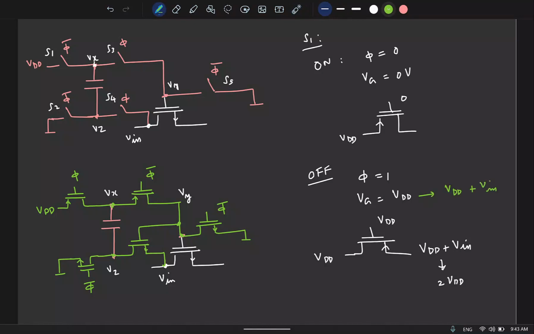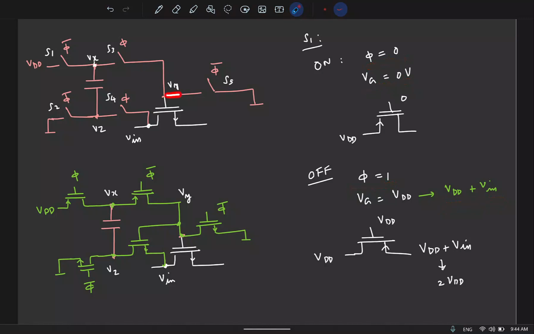So again, let's look at the circuit. When phi is 1, we want this guy to be at VDD plus Vin. When phi is 0, we want this guy to be 0. So is there some other node here which is doing the same thing? Vy is the same if you think about it.